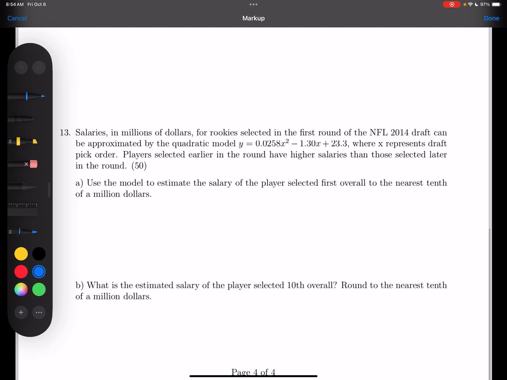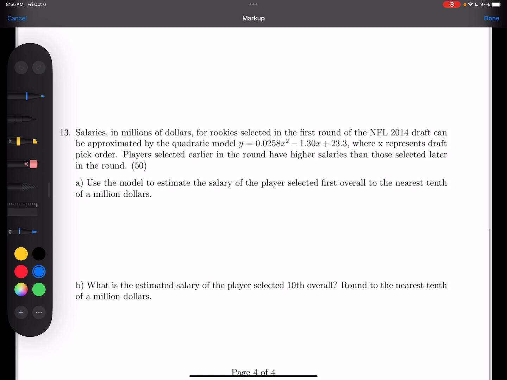Salaries in millions of dollars for rookies selected in the first round of the NFL 2014 draft can be approximated by the quadratic model y equals 0.0258x squared minus 1.30x plus 23.3, where x represents draft pick order. Players selected earlier in the round have higher salaries than those selected later in the round. So that kind of makes sense, right? So use the model to estimate the salary of the player selected first overall to the nearest tenth of $1,000,000.